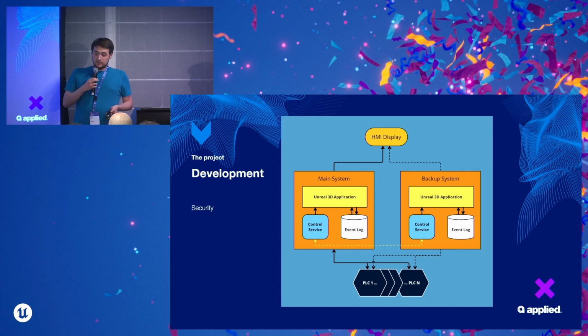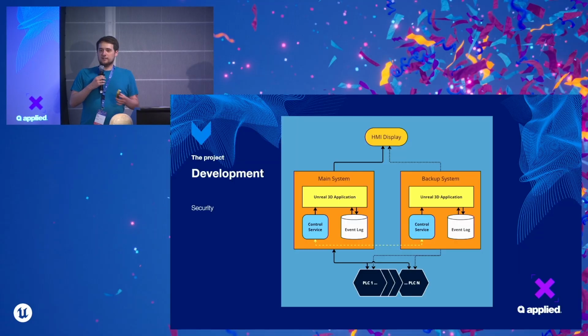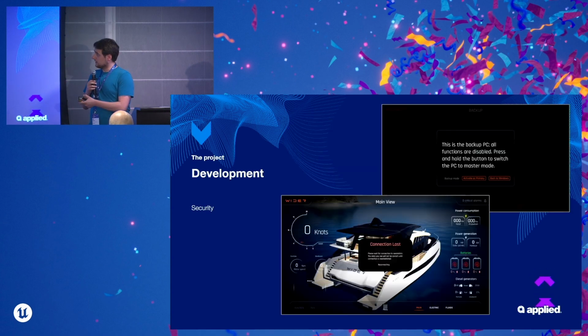Another important thing is that everything is disconnected from the internet. So there's no way that someone would be able to connect and disrupt whatever interaction we have on the PLC. We ensure that we are not an effective attack vector for someone to hijack the bot. And that was basically it for the security.